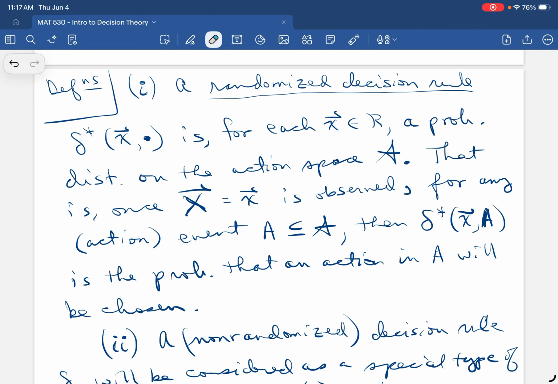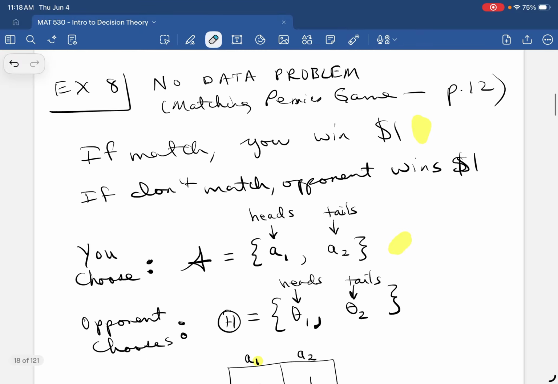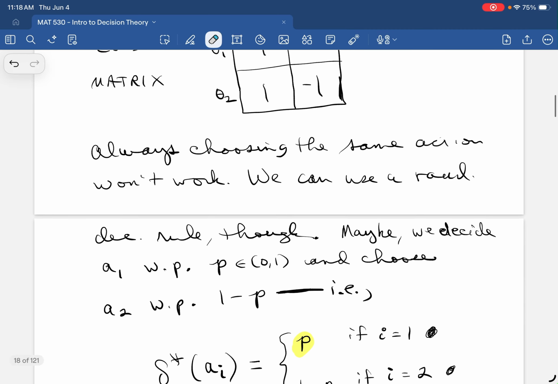The actions you choose: A1 is you choose heads, A2 is you choose tails. And then the unknown parameters: theta 1 means your opponent chose heads, and theta 2 means your opponent chose tails. So there are 4 possibilities. We looked at the loss matrix and so forth.